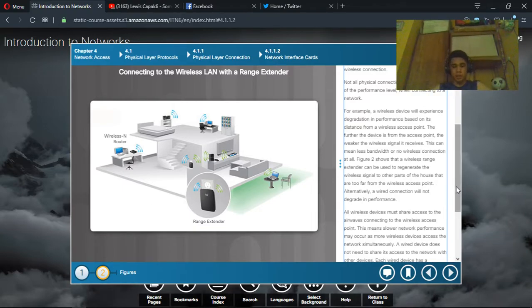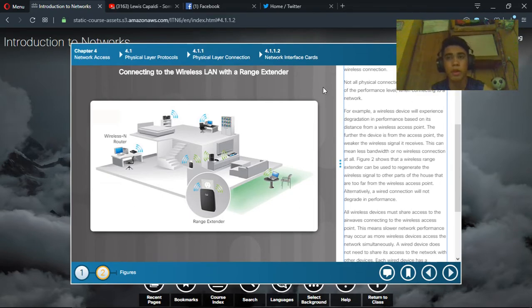my wireless router is on the living room of our house.